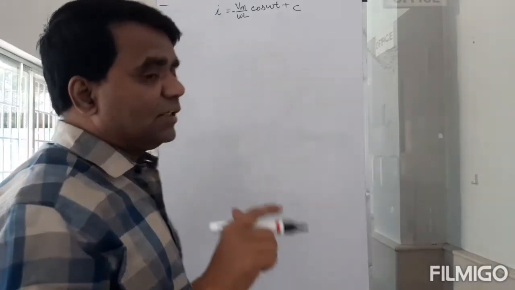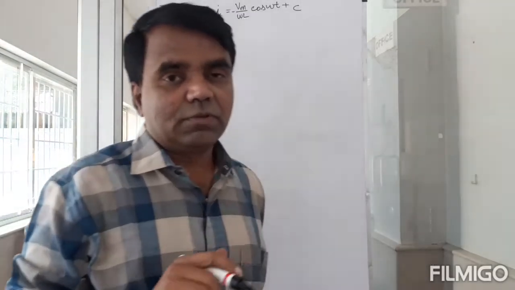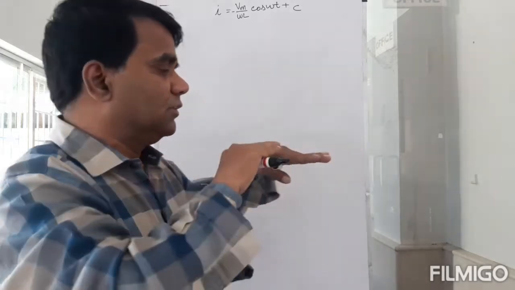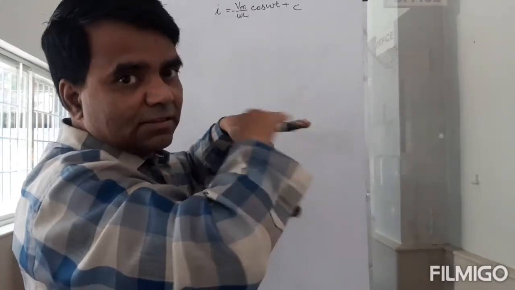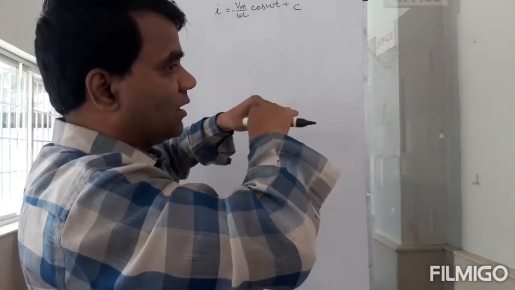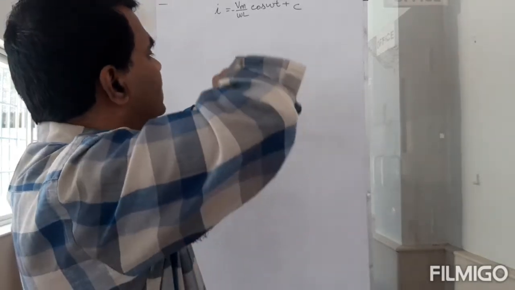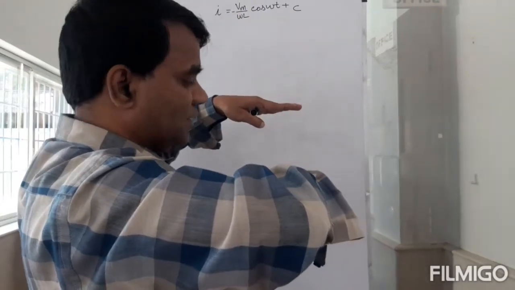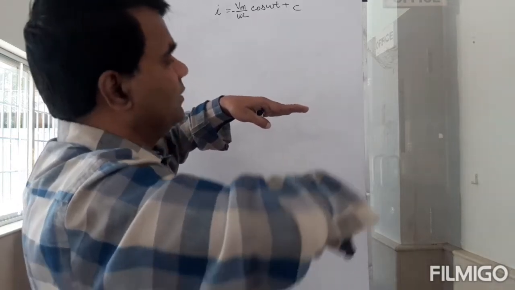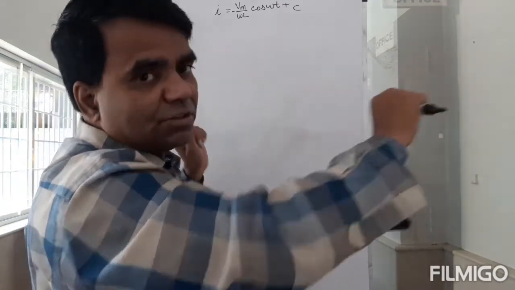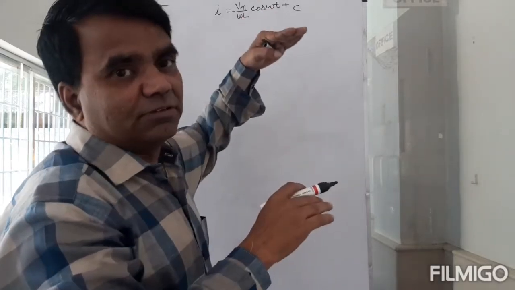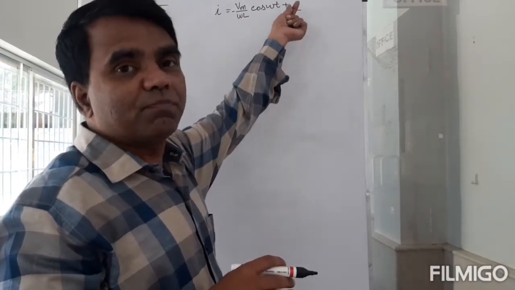But the value of C will be 0. The reason is because this current is oscillating with 0 as the middle point. It goes from 0 to the peak and then comes back, to the negative peak or valley, then comes back to 0. So you see the constant would be 0. It doesn't get shifted or something. So the constant value will be 0.